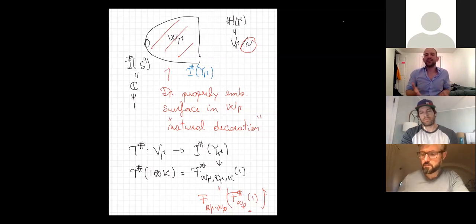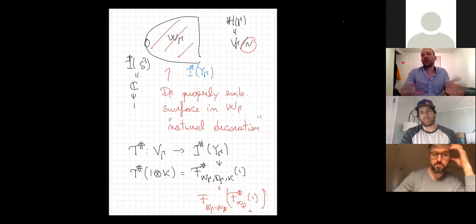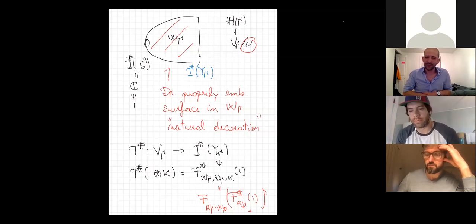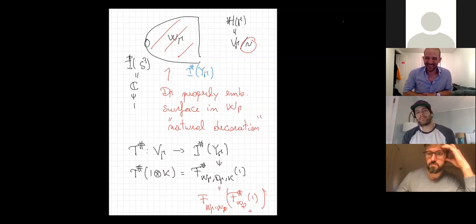The reason is that we are handicapped by the nonexistence of HF plus. But then the proof is the same. There are signs here and there, and you have to be very, very patient. But that's it. I don't know if this answers what you asked.